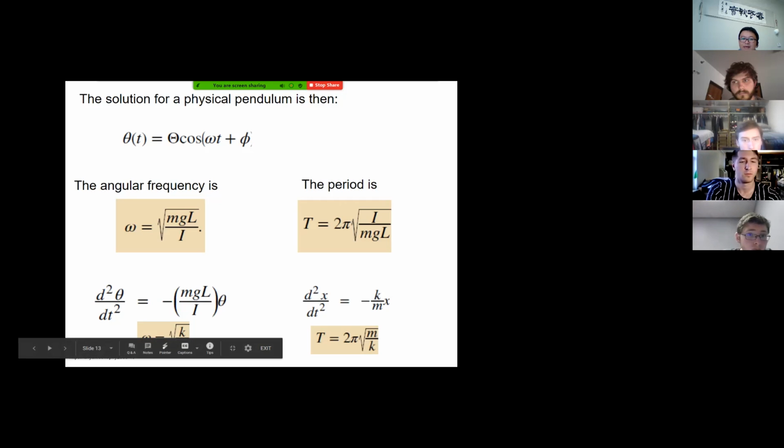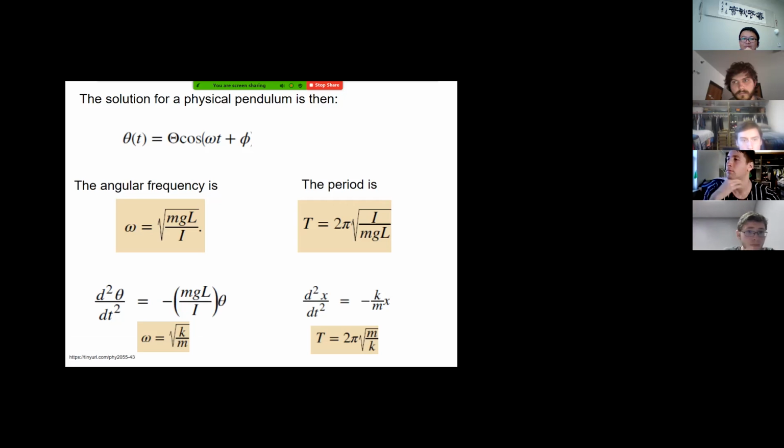I mentioned that we can replace k over m with mgL divided by I. So for a physical pendulum, its angular frequency will be the square root of mgL divided by I. That means in the solution here, this omega is mgL over I under the square root. Once that's determined, you can have the period T as 2 pi times the square root of I divided by mgL.